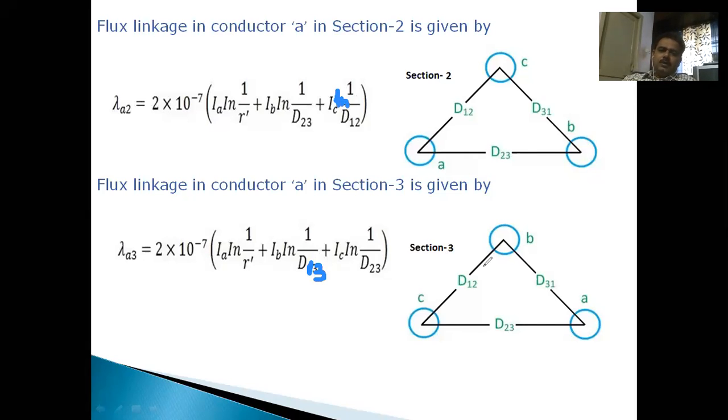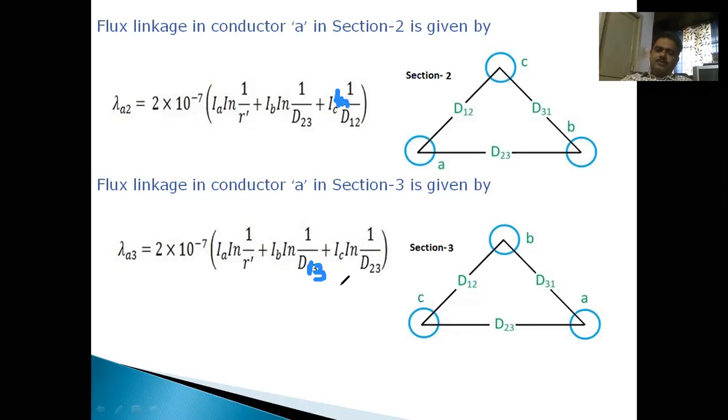So now in this section, what I am calculating is the flux linkages in this section. Now we have to calculate the total flux linkages so that we can find out the total inductance per phase, that is the inductance in phase A. Here in section A it is taking one position, in section B it is taking the same position, in section C it is taking the third position.